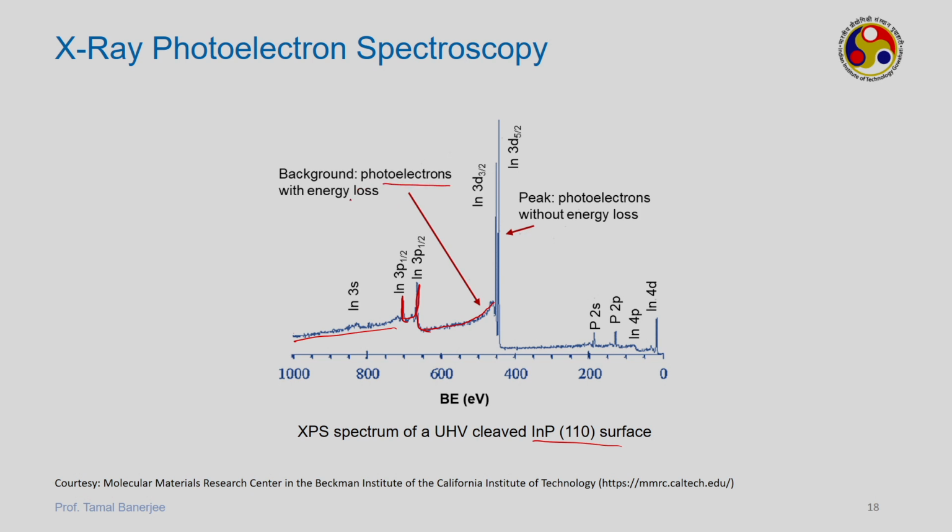It actually implies the photoelectrons with energy loss. Then as you go to lower binding energy, these are photoelectrons without energy loss, because it drops down straight away to a lower point. So, there is no energy lost. Whatever peak you are getting, the total energy is due to the 3D 5/2 and 3D 3/2. Okay.